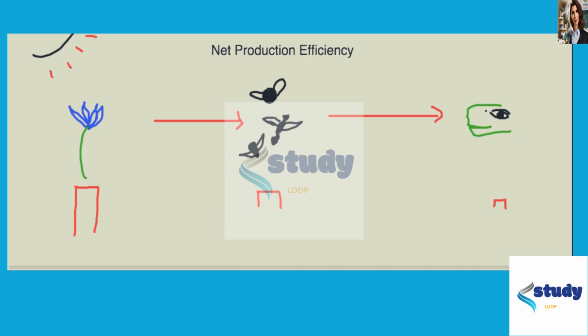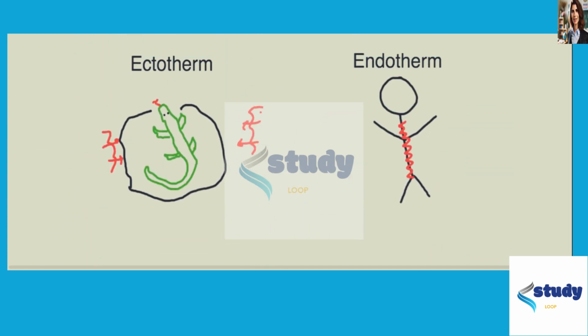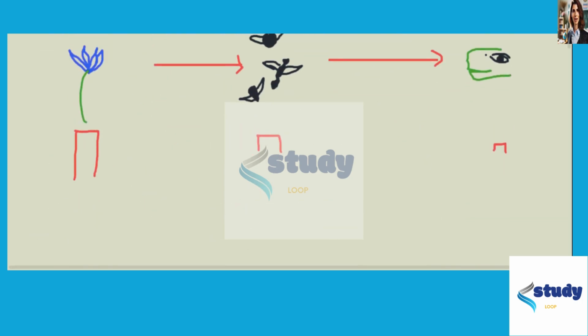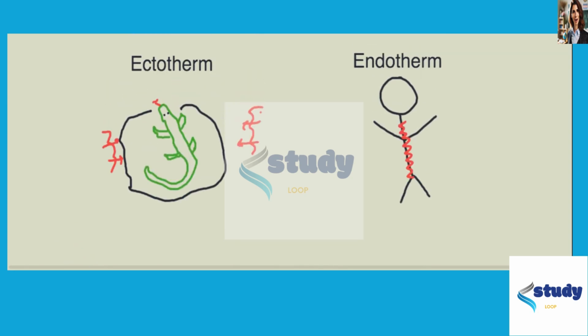So now that we've established this definition, let's go back to our two organisms, our ectotherm and our endotherm, and let's think about how this relates to this question. So first, let's think about the lizard that we found at the end of this food chain.